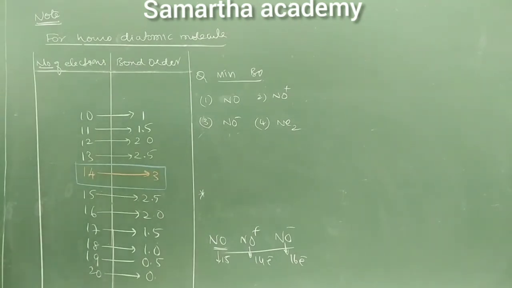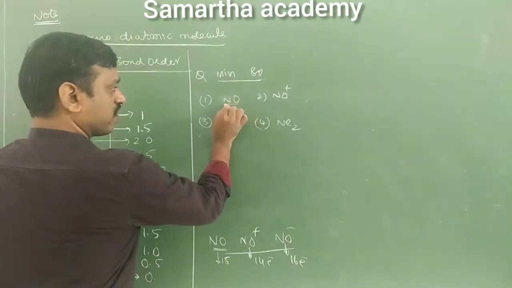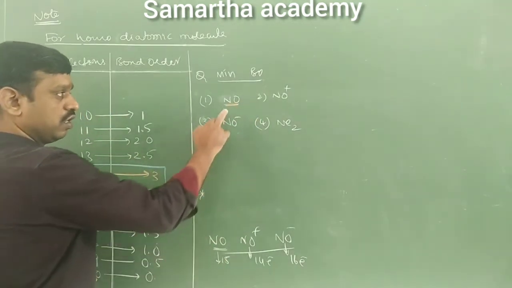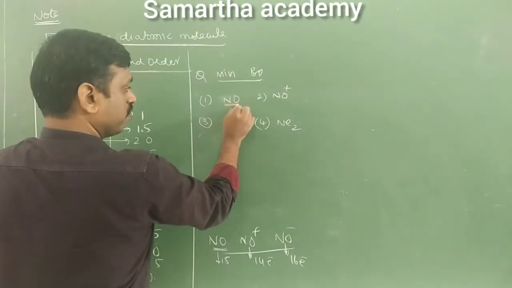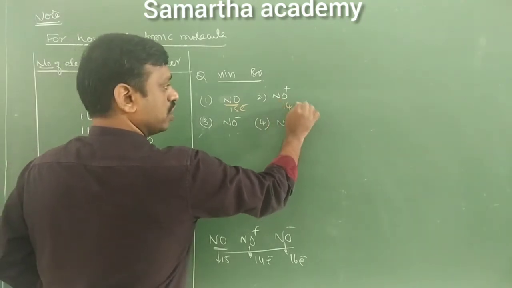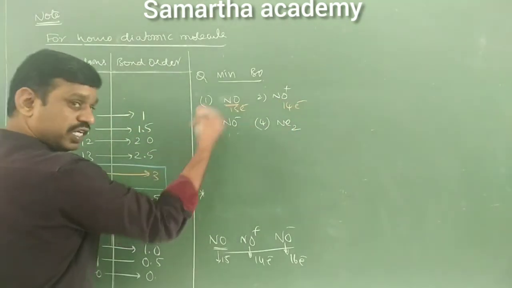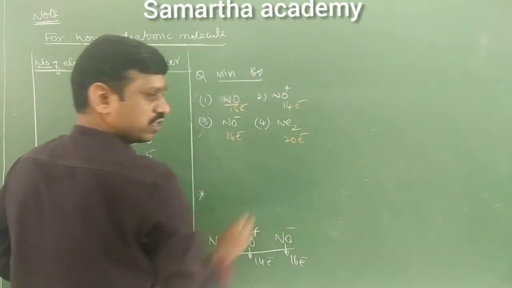So here you just calculate the number of electrons. What is the number of electrons in NO? 15. Nitrogen 7, oxygen 8. 7 plus 8, 15 electrons. Here it is 14 electrons, because 15 minus 1. Here it is 15 plus 1, 16 electrons. Here it is 20 electrons. Right.